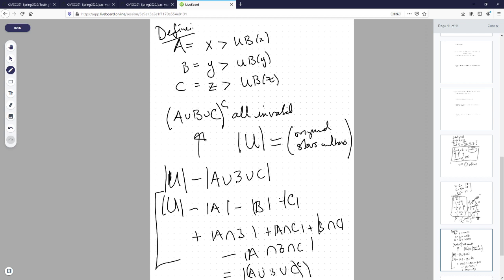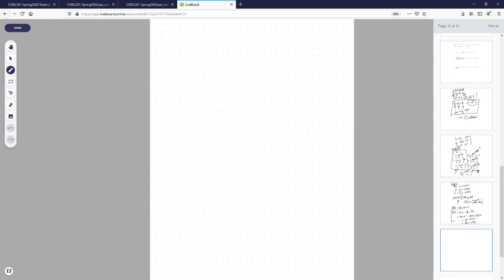So that's basically the equation that you need. Essentially, if you have the double union or the triple union, let's just do it with the double union formula. So you have the number of things in A union B is equal to the number of things in A plus the number of things in B minus the number of things in A intersection B. But let's say that you actually wanted to compute it another way.